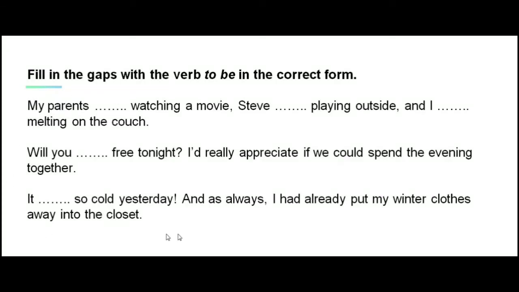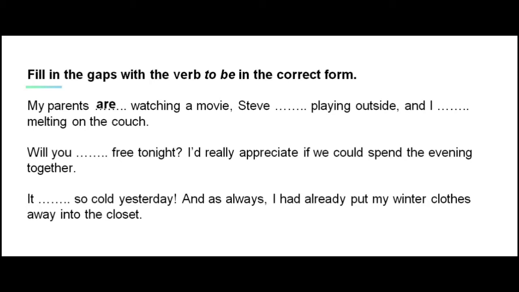Now have a look at the following sentences and fill in the gaps using the correct form of the verb to be. My parents watching a movie, Steve playing outside, and I melting on the couch.